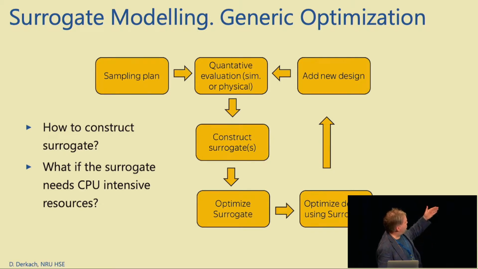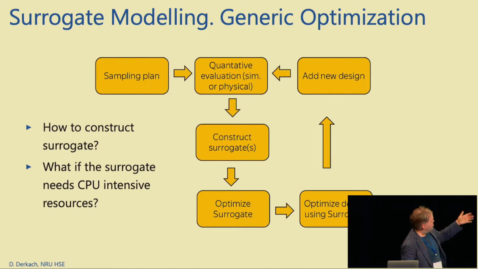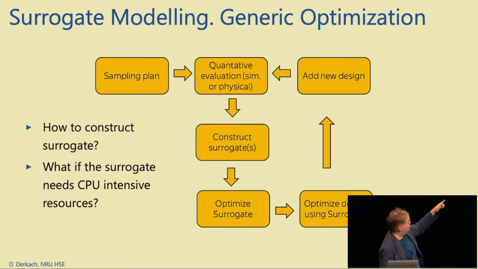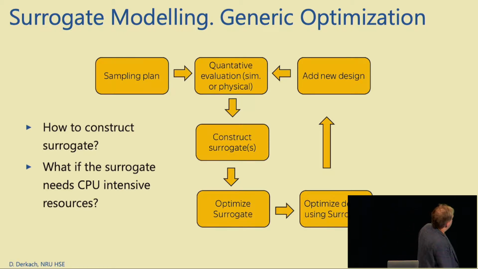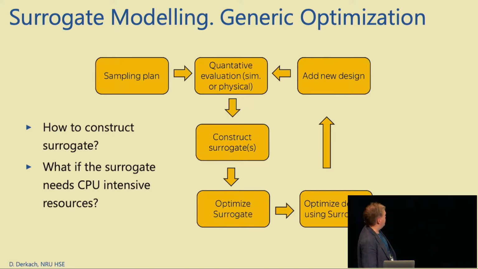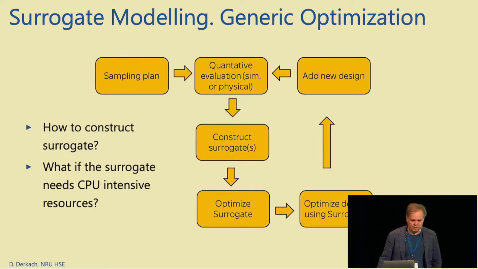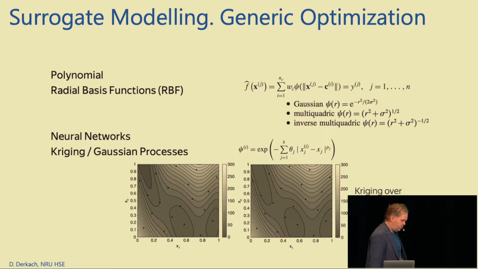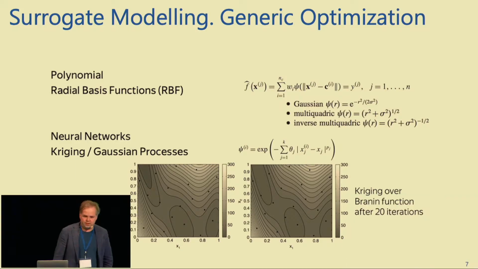We construct a surrogate based on our evaluation of our first sampling plan, then optimize the design using the surrogate, and then add a new design. And so we do it in a circle until we find a good solution. So the question is how to construct a surrogate, and what if the surrogate needs quite a lot of intensive resources.